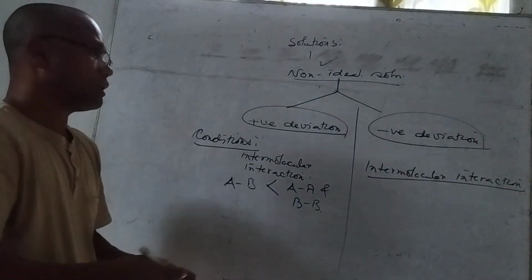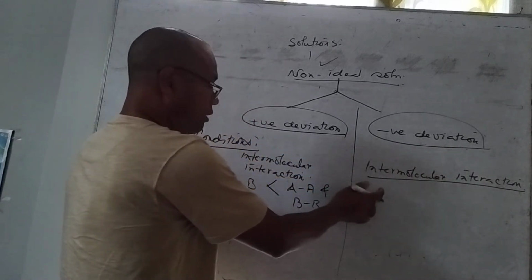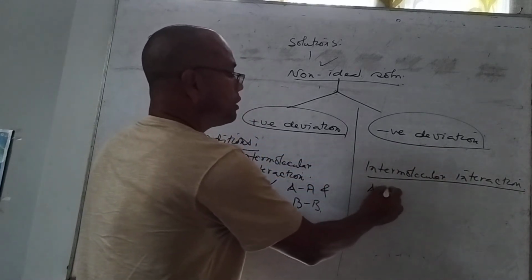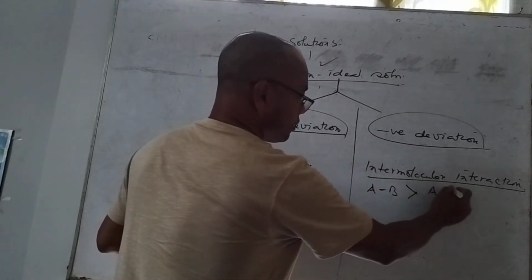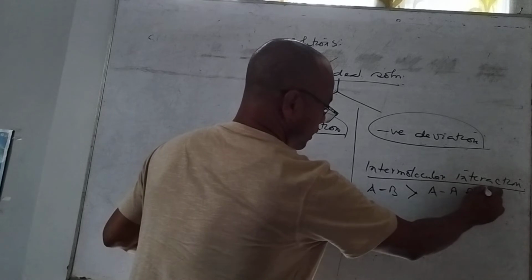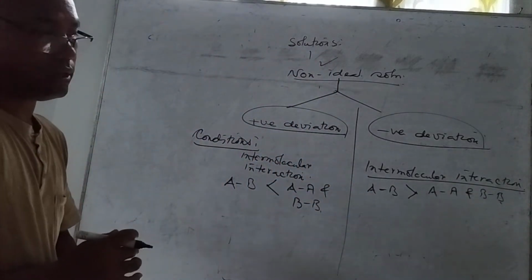Don't forget. But in the case of the negative deviation, the intermolecular interaction of the components in the solution is greater than the intermolecular interaction of the pure components. That is the difference.